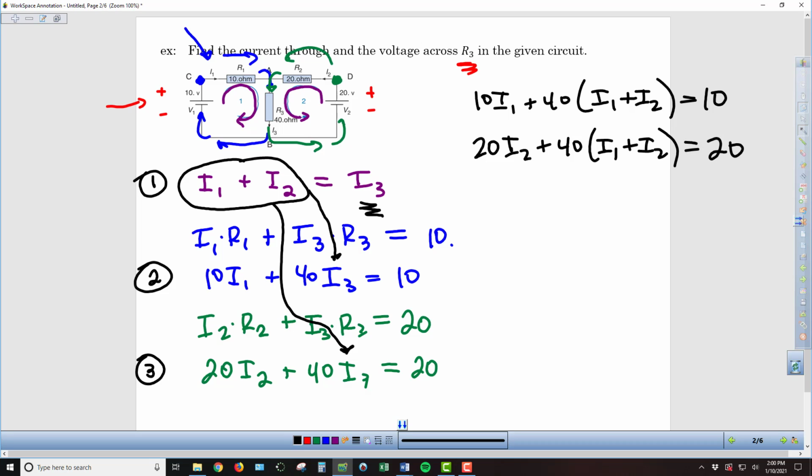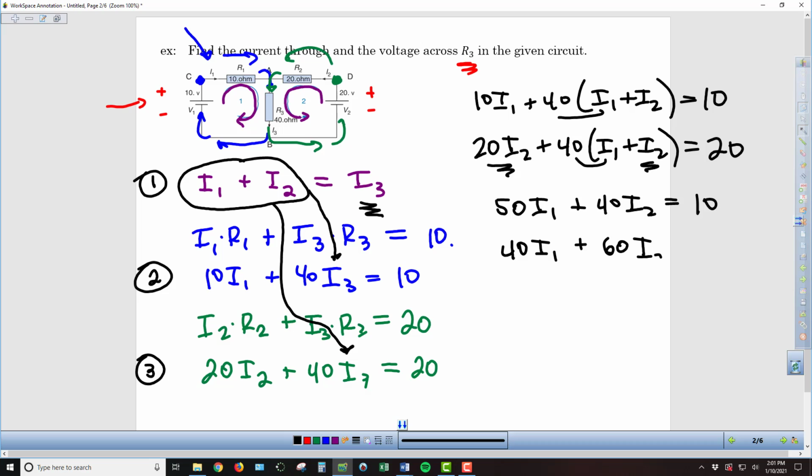And so if we distribute and gather like terms, 10I1 plus this 40I1 is going to give me 50I1 plus 40I2 equals 10. And then doing the same thing here, I've got 40I1 plus 20I2 plus another 40I2 after I distribute makes 60I2 equals 20.